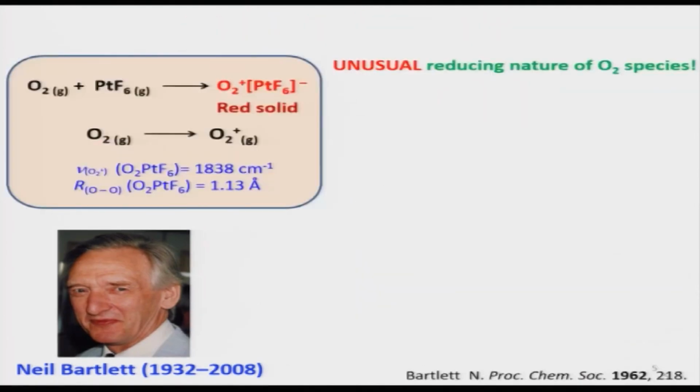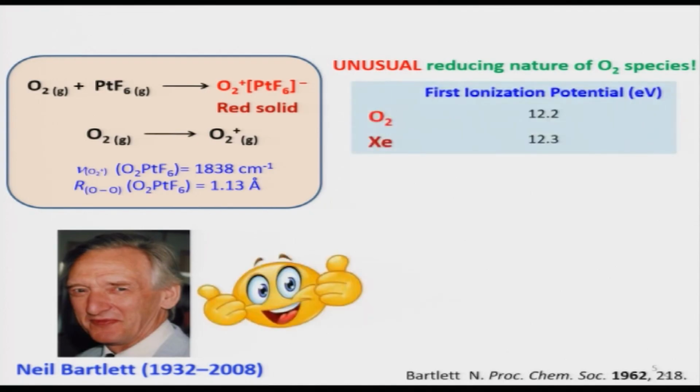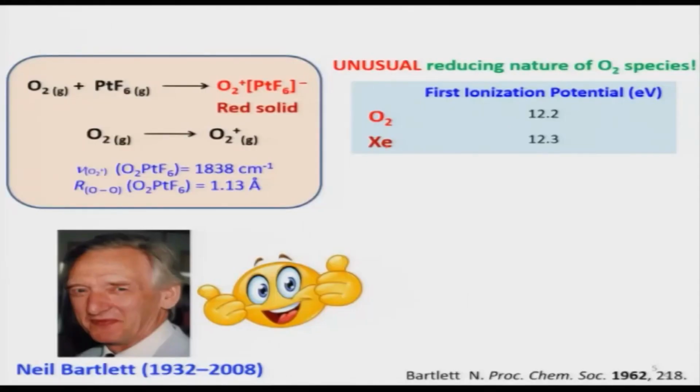Then Professor Bartlett looked at this molecule and he saw the first ionization potentials of oxygen and xenon. In oxygen it is 12.2 electron volt and in xenon it is 12.3. He was surprised, because xenon, as you all know, is an inert gas, and inert gas will not react at all, which is the reason why it has been kept separately in the periodic table.